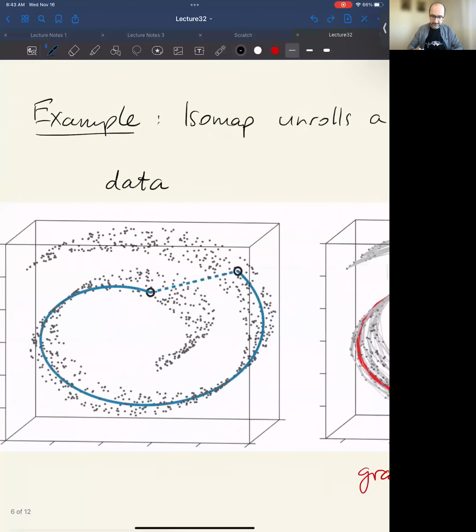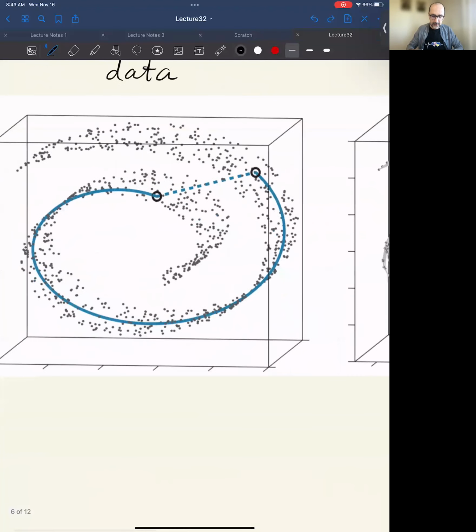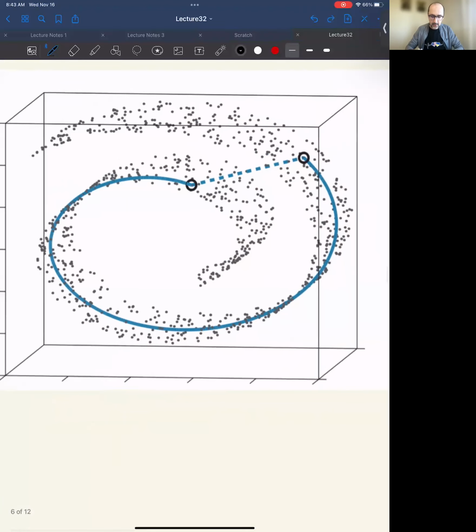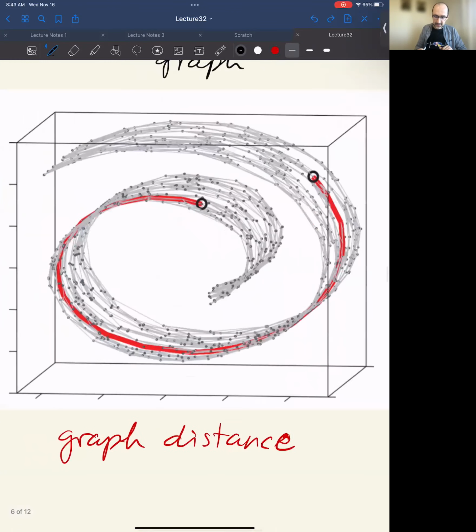Okay, here's our data. The data is a Swiss roll. This is actually from the original Isomap paper. It's three-dimensional, like a sheet of dough that's curled like this. We construct the neighborhood graph. We get something like this.